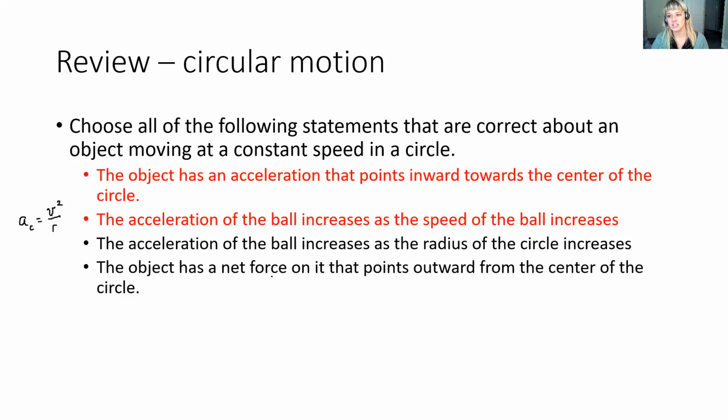In reality, it's the car door that is pushing on you, keeping you going in the circular path. If the car door wasn't there, you wouldn't fly outward from the center of the circle, you would fly forward, kind of like that example with the string that breaks, right? If the car door wasn't there, you would just fly forward.